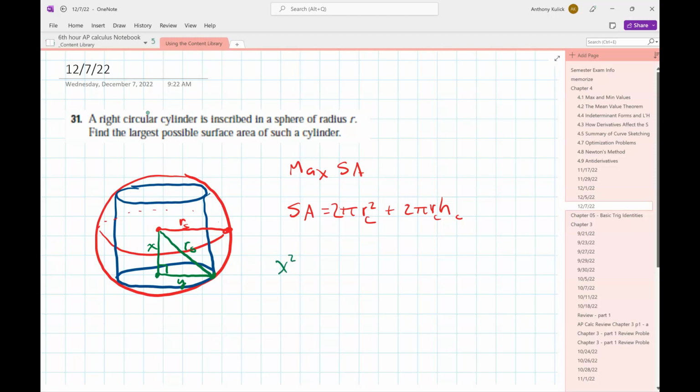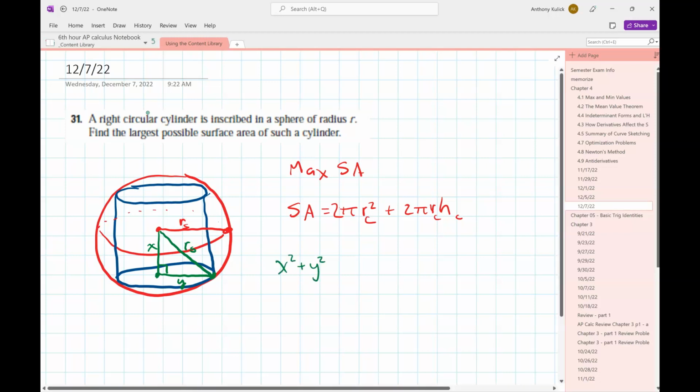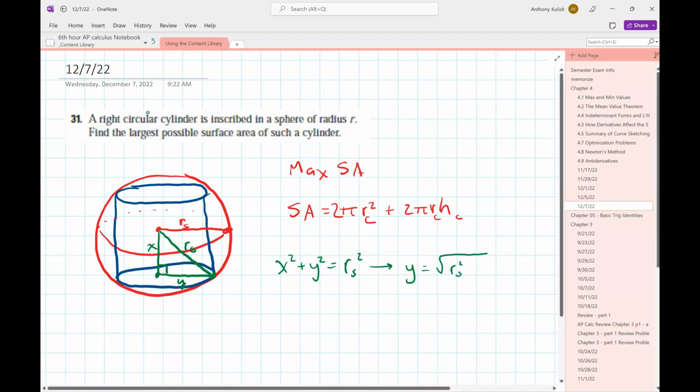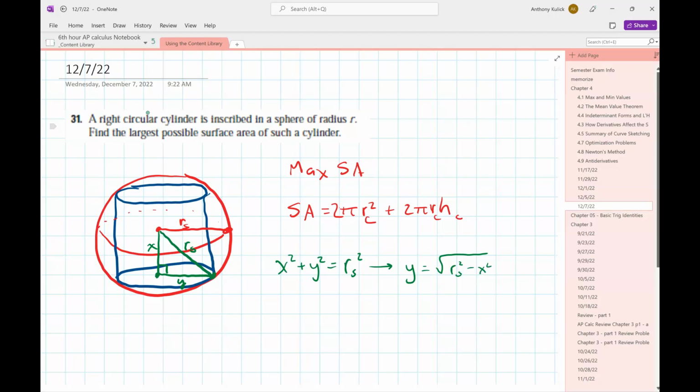So I can say x squared plus y squared is equal to r squared. And I'm going to start by getting the y by itself. So y would then be the square root of r squared minus x squared.